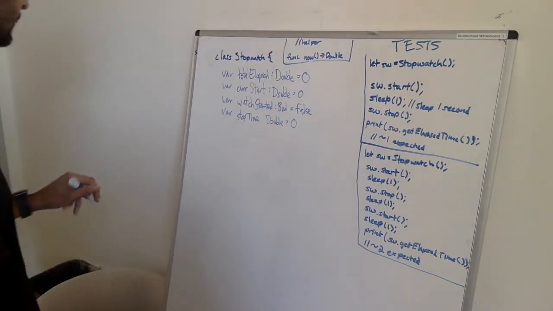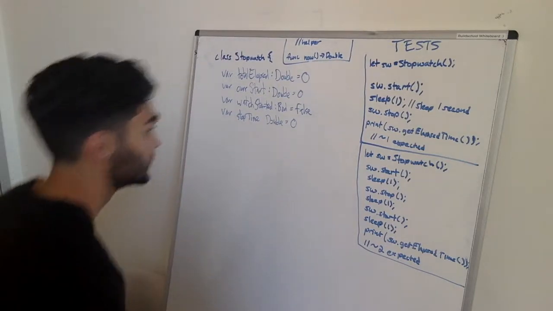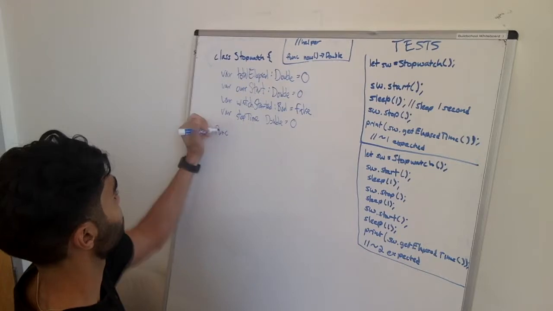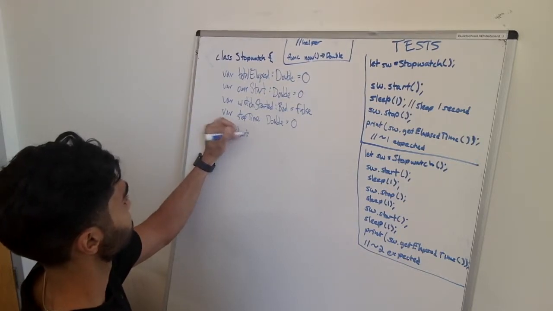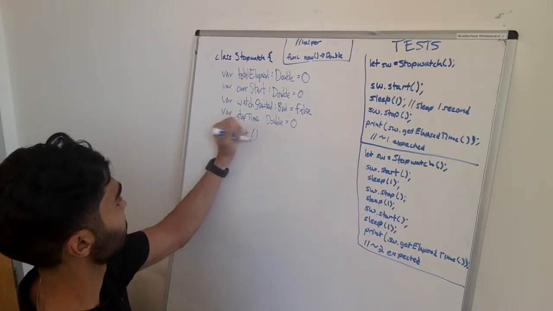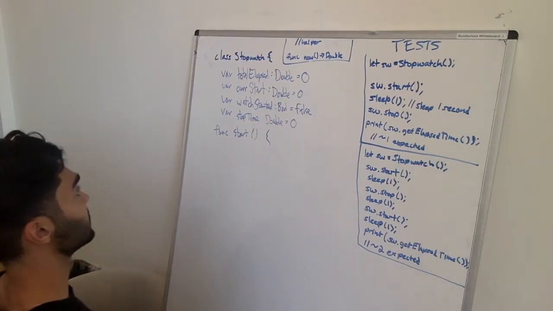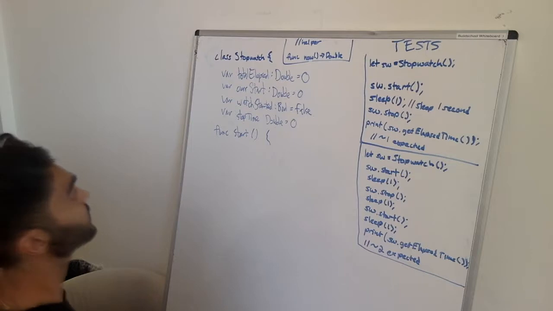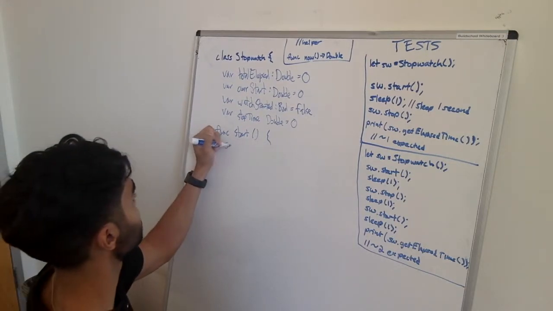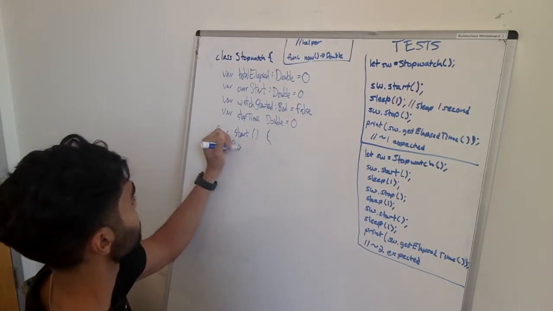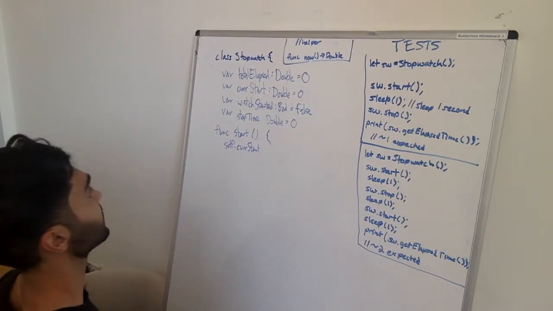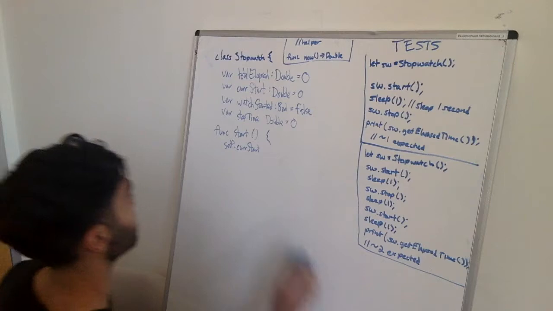Okay, so let's do our start. When we start, we just want to store the current time into our start variable. We gotta make sure that it's not started already.